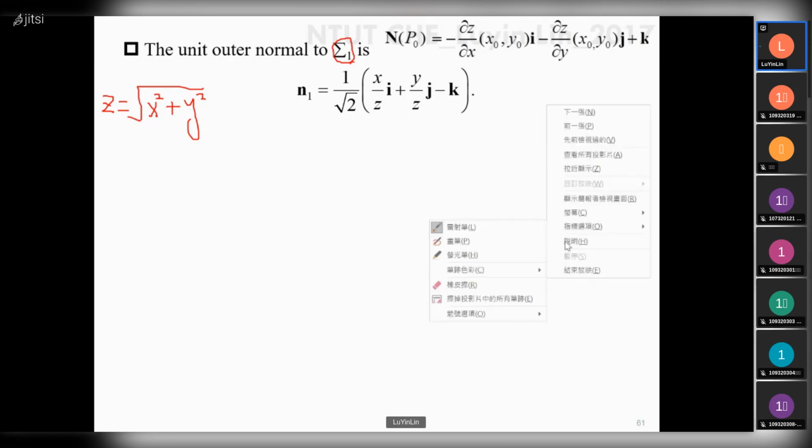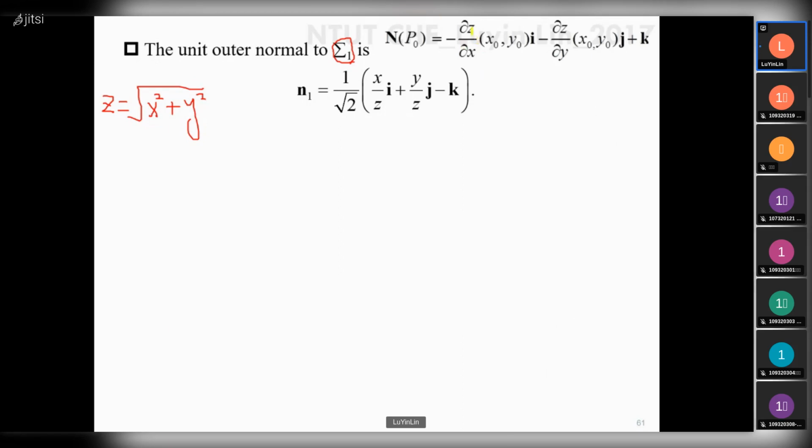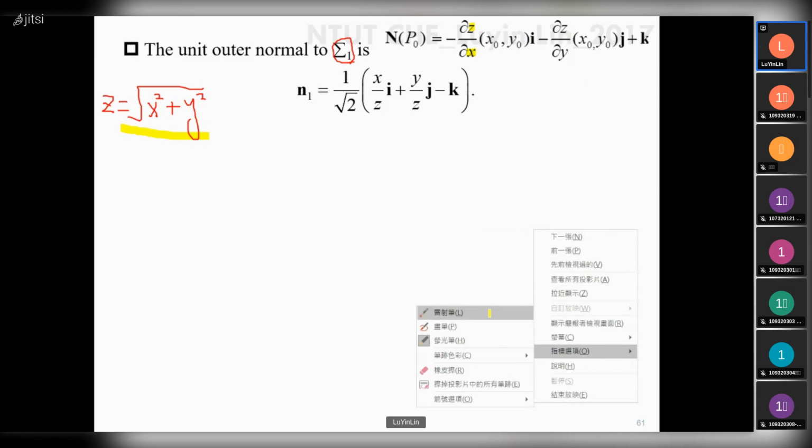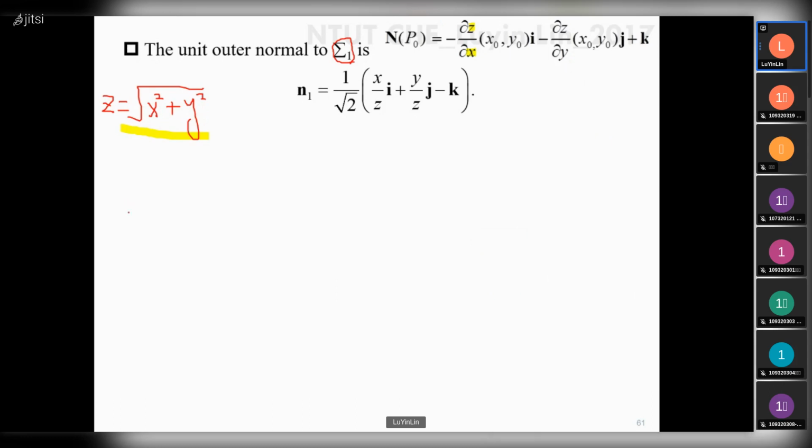I'm waiting for you. Z is square root of x squared plus y squared. Please do it. Okay. Partial z, partial x, and partial z, partial y.